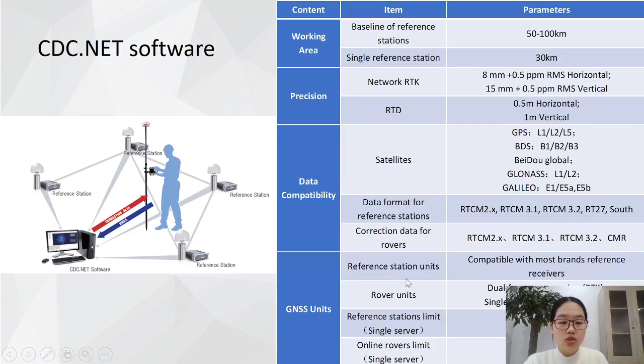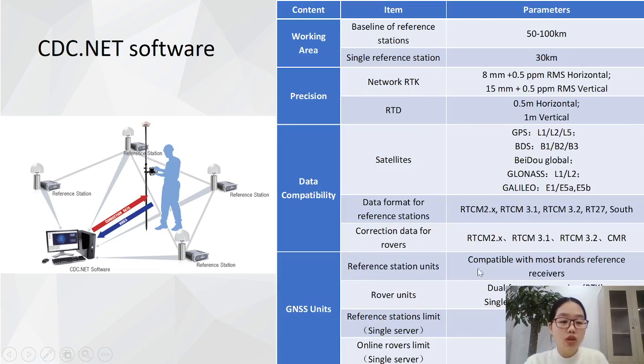And GNSS units. For reference station units, the software is compatible with most brands of reference receivers, which means many different brands of receivers can all be added to the CDCnet software. For rover units, it supports both dual frequency receivers, mainly for RTK, and single frequency receivers, normally for RTD, no problem.